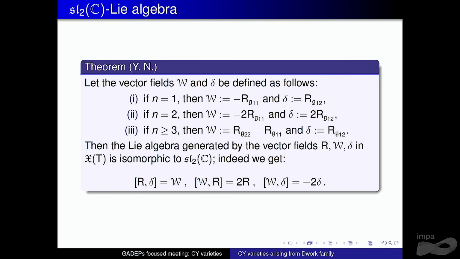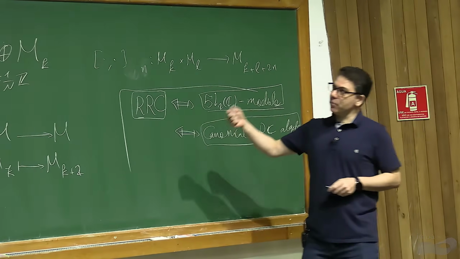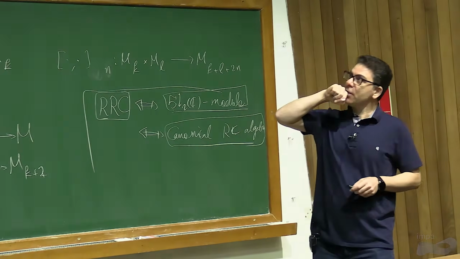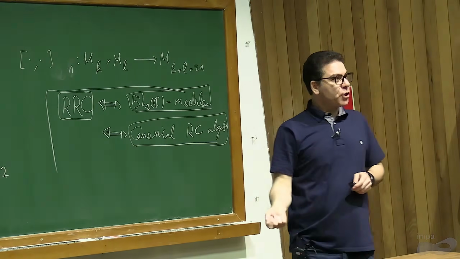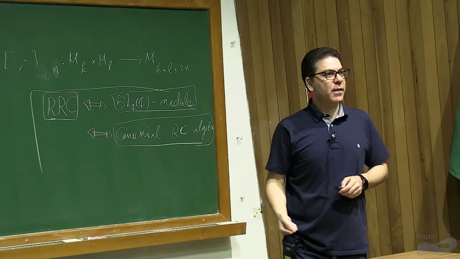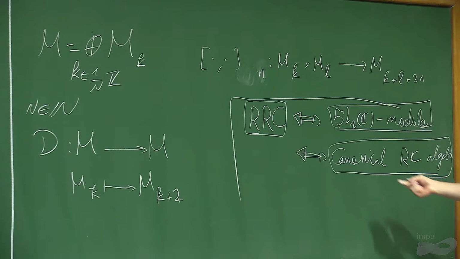So, if it is giving a copy of SL2C, always we can find an RRC system associated to the space of the solutions of this vector field, or a canonical Rankin-Cohen structure on the space of the solutions of this system.